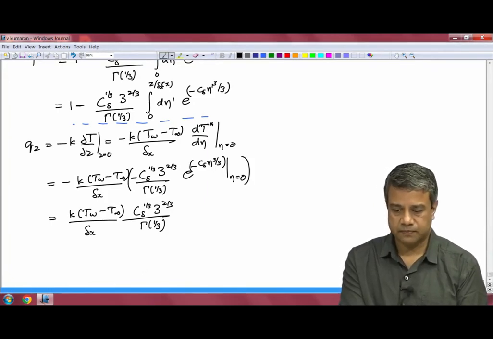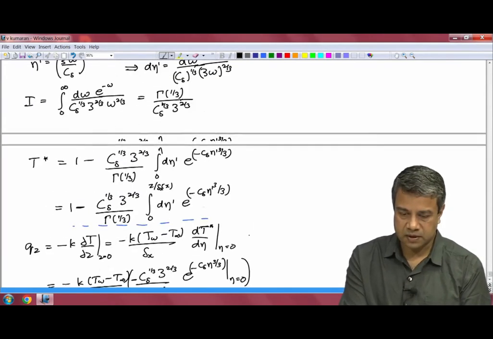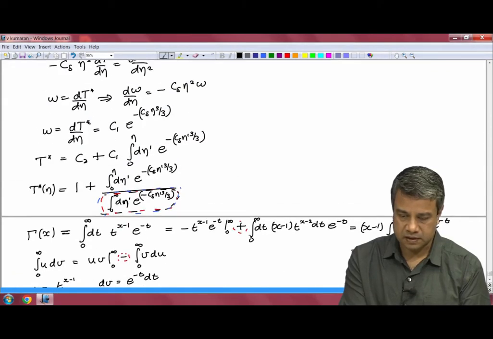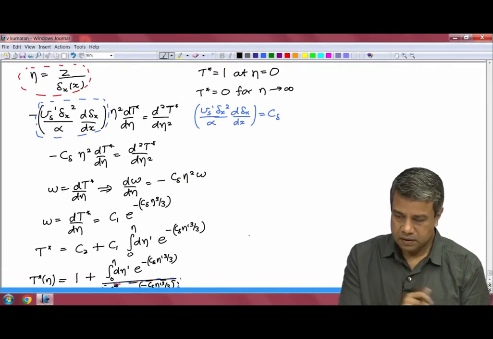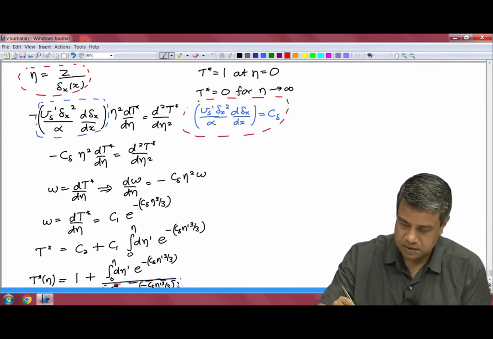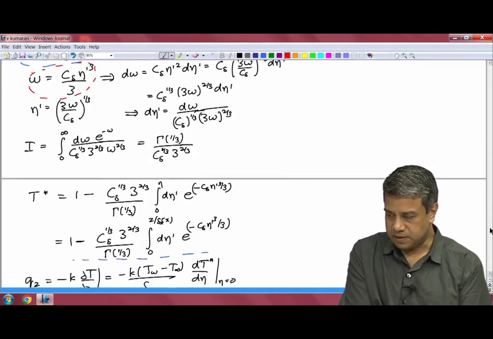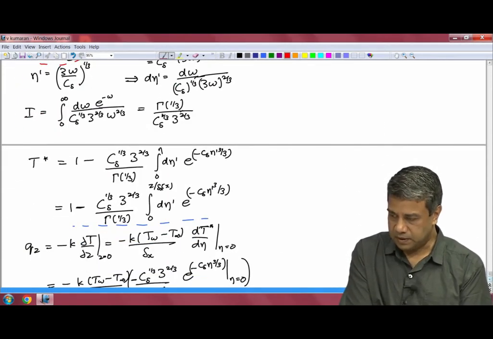Before that I had got the expression for the temperature. How do I find out this delta, this thickness delta? I have to go back to the differential equation for delta, which was this one. So I have to get the expression for delta from that.